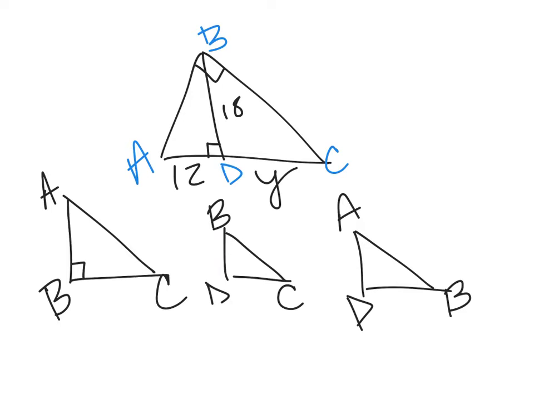Now let's see if I can get my numbers on here. BD is 18. So I have a BD there, and a BD here. DC is Y. And AD is 12. I thought I might have to do 12 plus Y, which you could do, but that would make things more complicated.